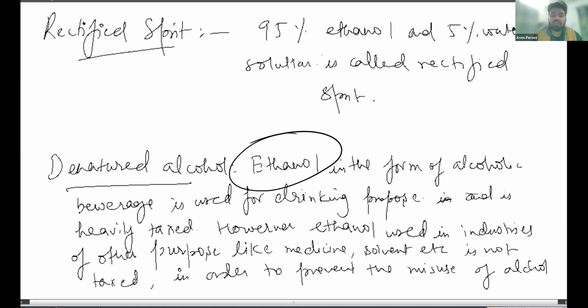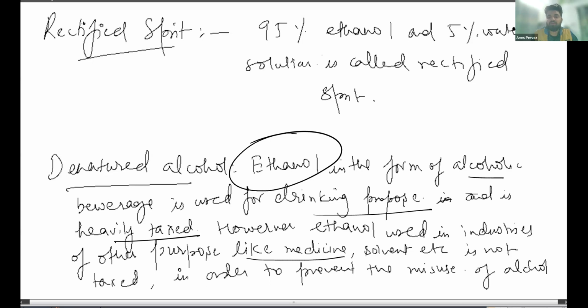So what is denatured alcohol? Ethanol in the form of alcoholic beverage is used for drinking purposes and is heavily taxed. However, ethanol used in industries for other purposes, like medicine or as a solvent, is not taxed.